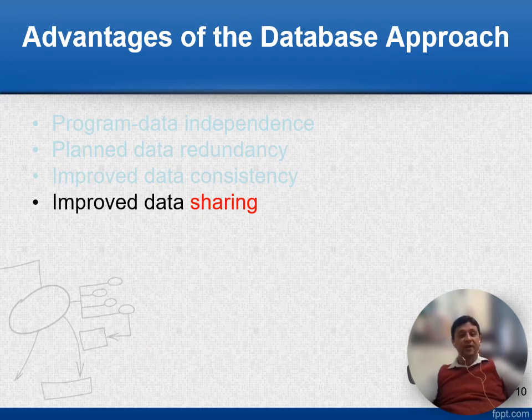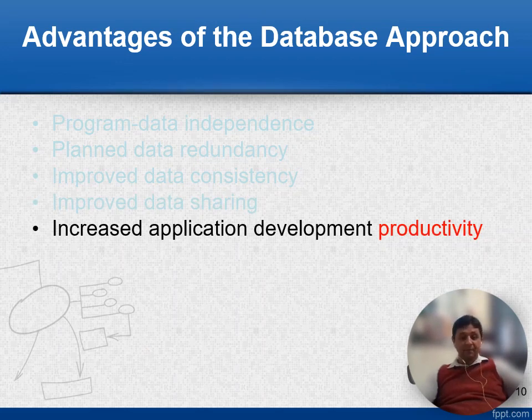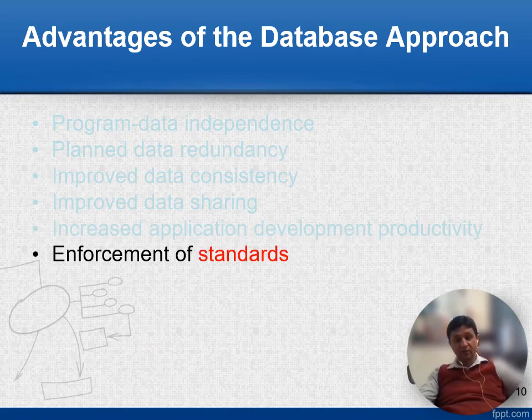Also, data sharing has been improved because now we have the centralized controlling agent that can be used to provide controlled access to the data. Application development time productivity has increased because now the programmer has to focus on the development of the application layer only. Standards can be enforced, because we are following a standard methodology and standard tools.